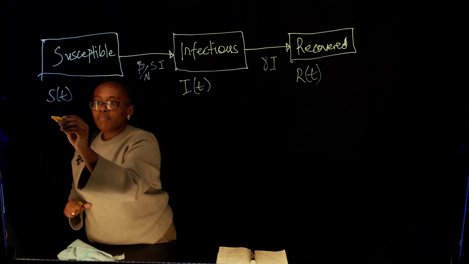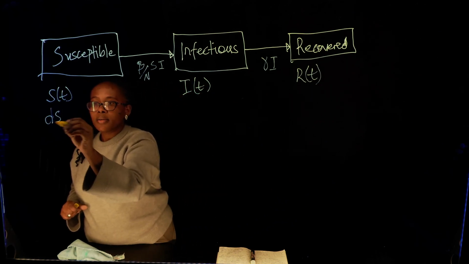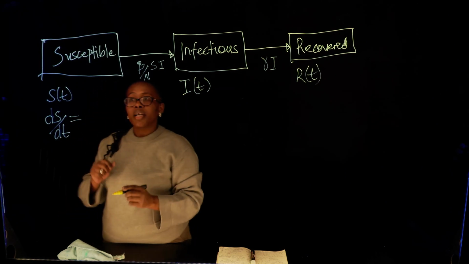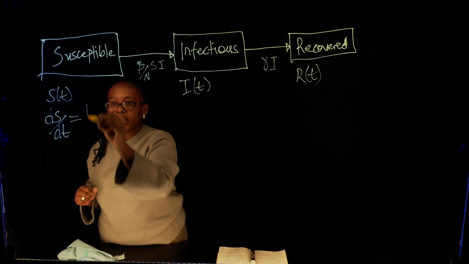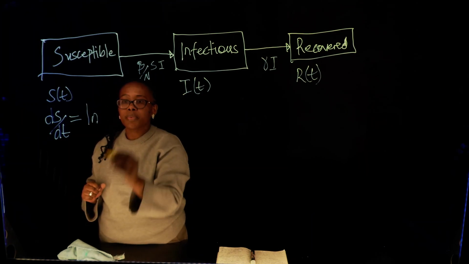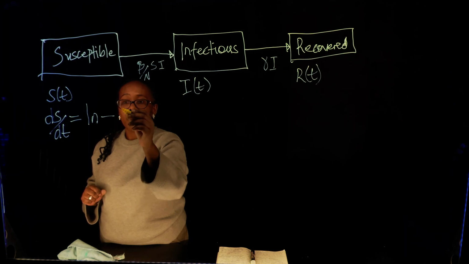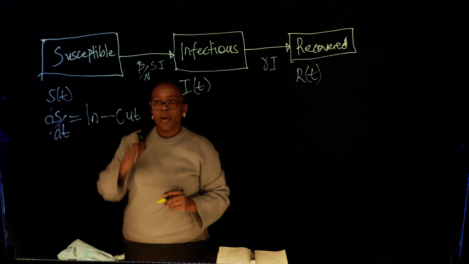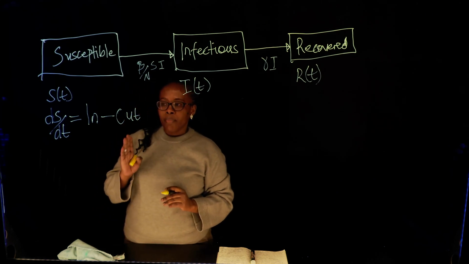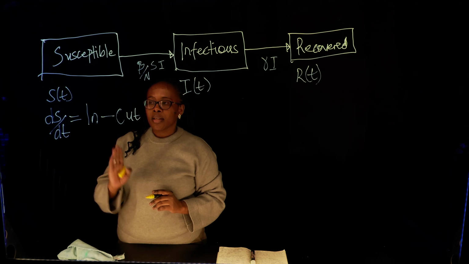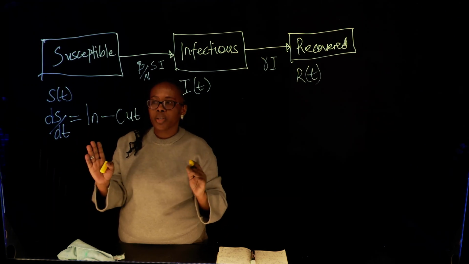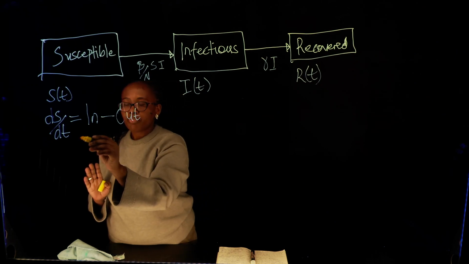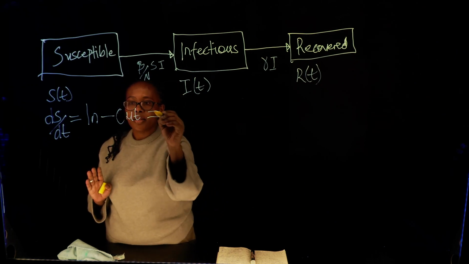So we will have dS/dt, which looks at those that come into the susceptible compartment minus those that come out of it. Now, we said in our assumptions that the population is closed, there are no new people coming in, no births, and therefore the in is 0.